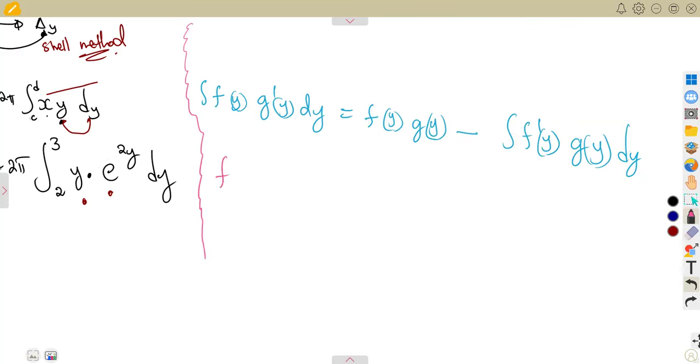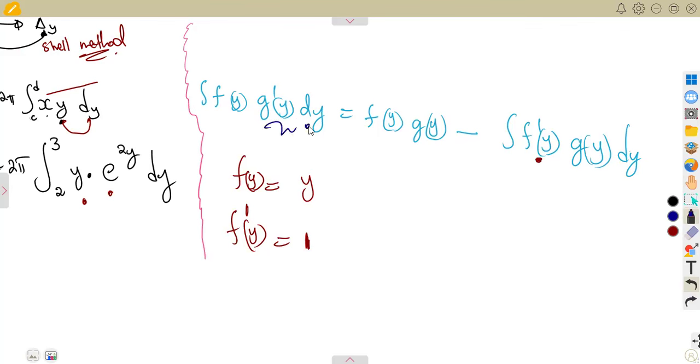So if we choose our f of y to be the algebraic, which is y in this case, what is going to be its derivative? The derivative of f of y with respect to y is going to be 1. Just like the derivative of x with respect to x.